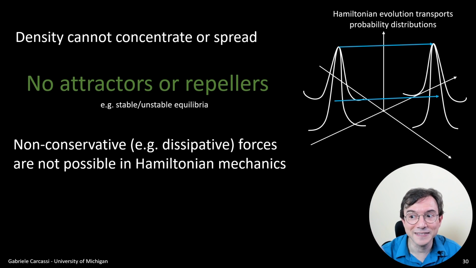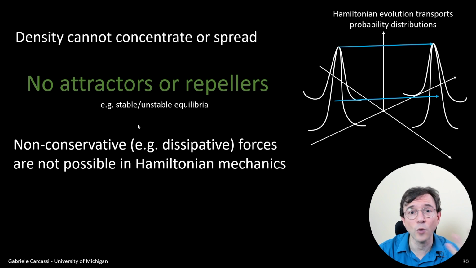Another thing that we can understand more clearly is that if our systems are deterministic and reversible, there cannot be attractors or repellers. That is, there cannot be a stable equilibrium where all the states go to, or an unstable equilibrium, a state where things flow out of. Because if you had an attractor or a repeller, the areas around these regions would shrink and the density would become more and more concentrated.